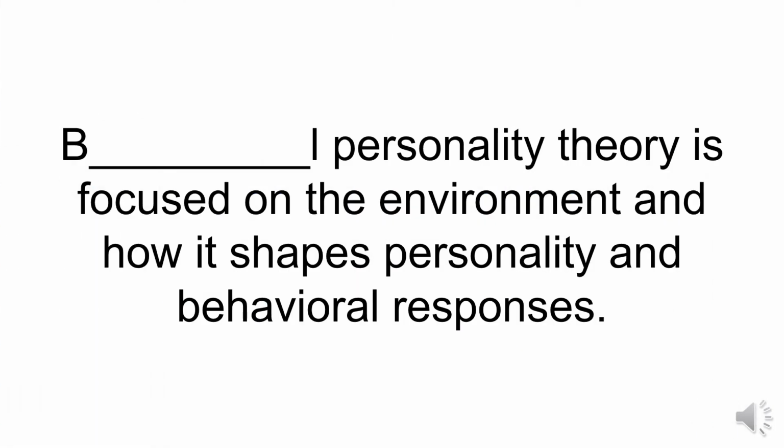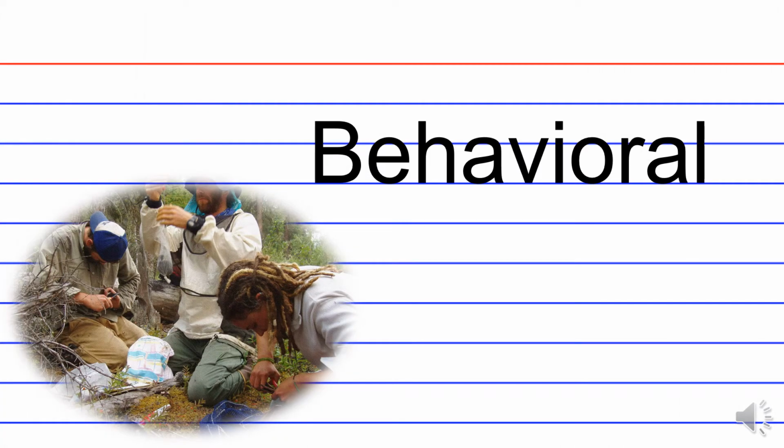B/L personality theory is focused on the environment and how it shapes personality and behavioral responses. So, what type of personality theory is focused on our external world? All right, so that would be behavioral personality theory.